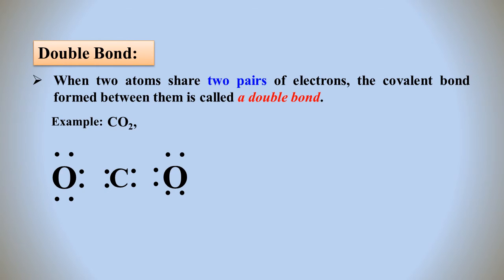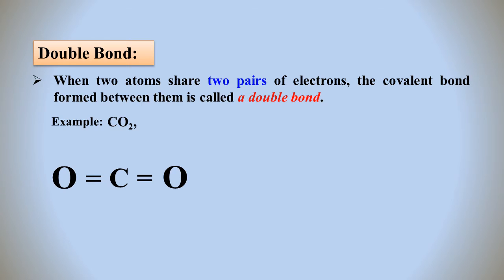So here carbon shares with each oxygen 2 electrons from each side. So when we look at the bond formation, we have 2 double covalent bonds inside the carbon dioxide molecule. I think it's a very important example for us. Please study it hard, as it's a main question in our exam.